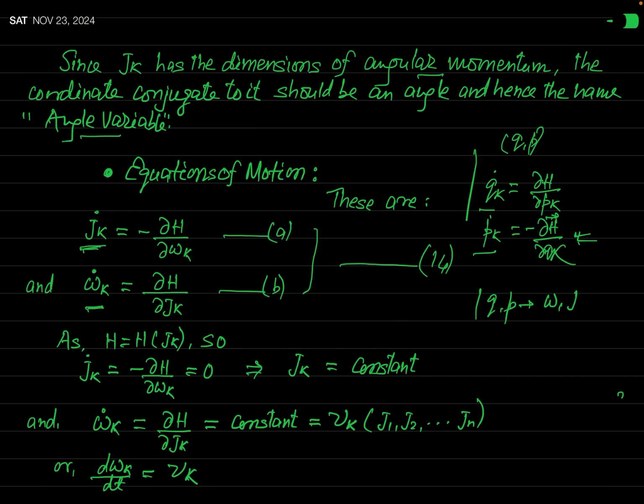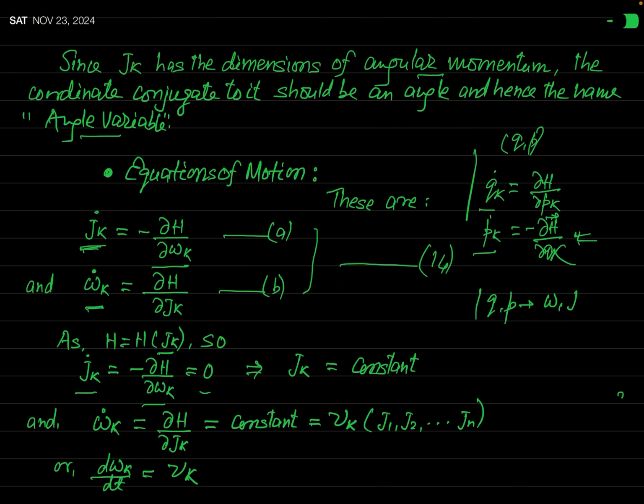And omega k dot is equal to del H by del Jk. But as you have seen earlier, this H is a function of Jk only. It means H does not depend on omega k explicitly, and therefore the partial derivative of H with respect to omega k will be 0. That's why I have written Jk dot equal to minus del H by del omega k, and that is equal to 0.